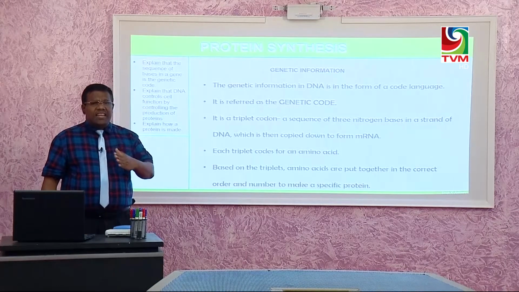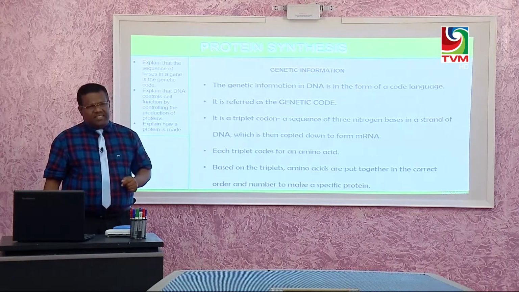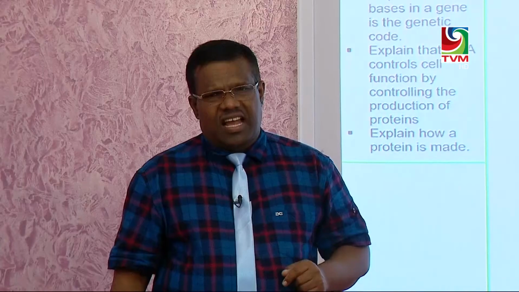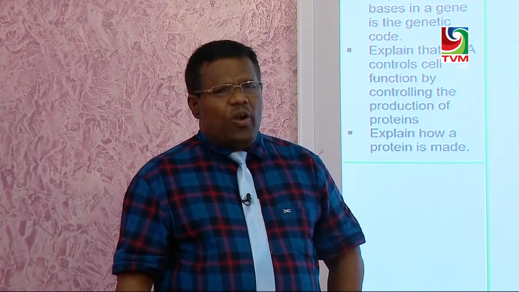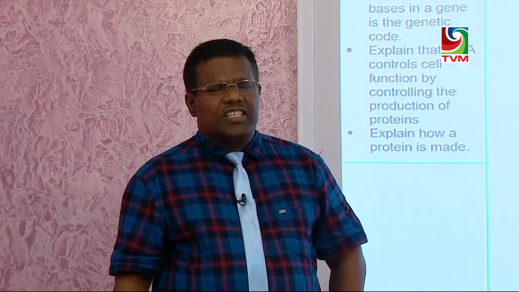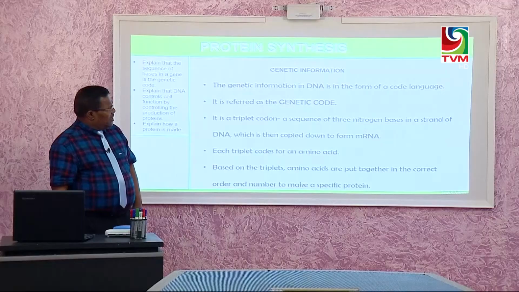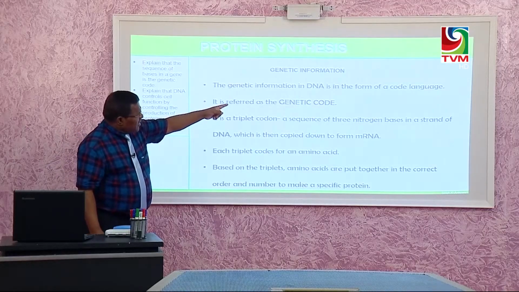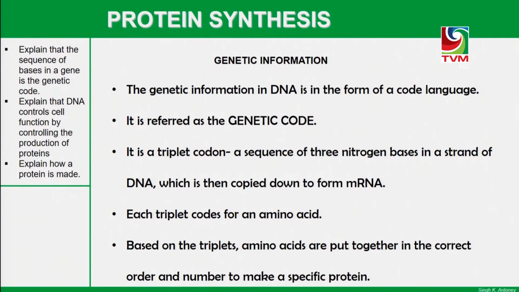They knew it had something to do with the nitrogen bases. And there are only 4 nitrogen bases, and if they are coding for amino acids, those 4 letters will not be enough. So the genetic information in DNA is in the form of a code language, and it is referred to as the genetic code.